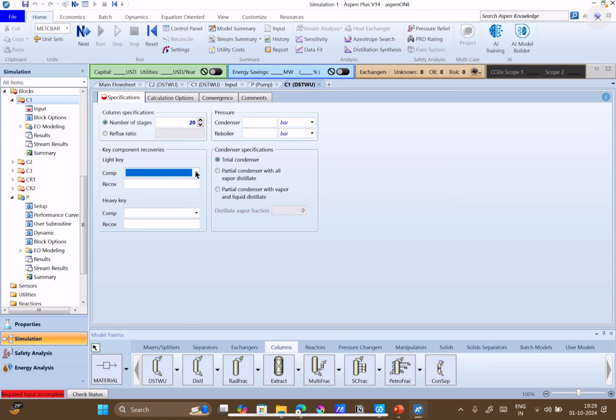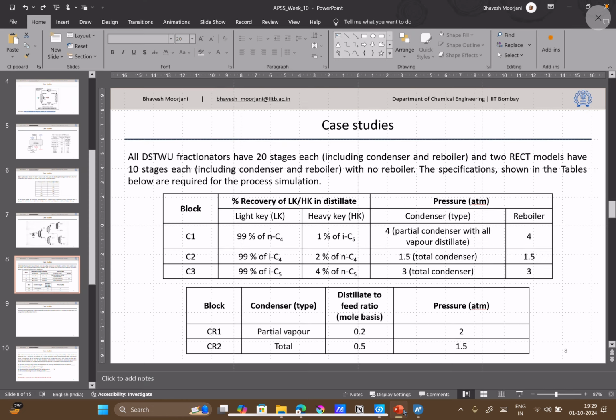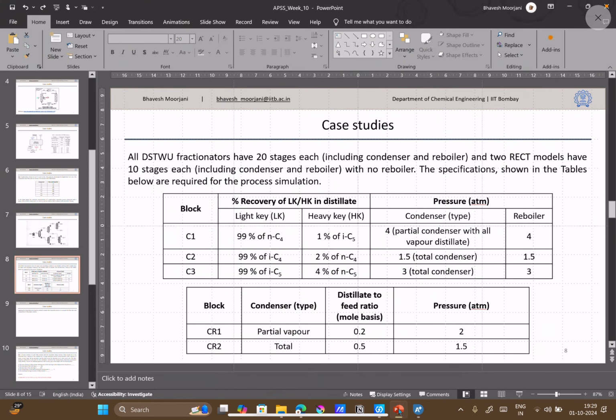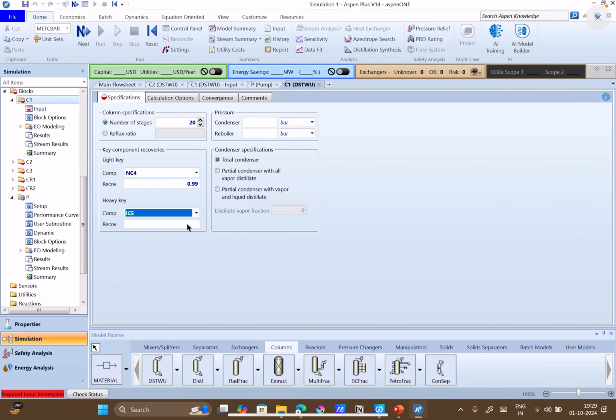Light key component for this is NC4, right, with 0.99 mole fraction recovery, and heavy key component is IC5 with a recovery of 1%. So select it as 0.01.